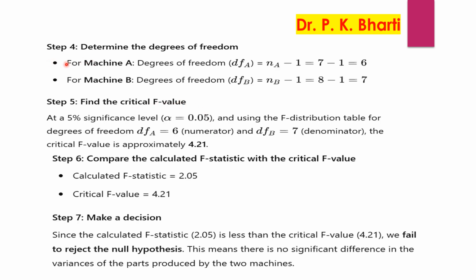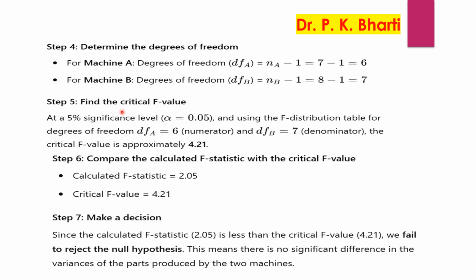In the next step, we will determine the degree of freedom for both the samples. For machine A sample, the degree of freedom will be n minus 1, that is 7 minus 1, 6. For machine B samples, degree of freedom will be n minus 1, that is 8 minus 1, 7.